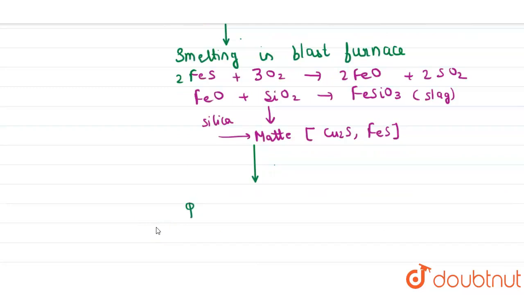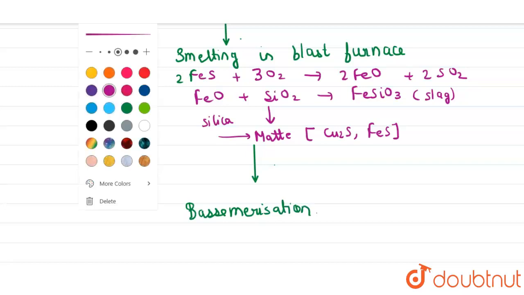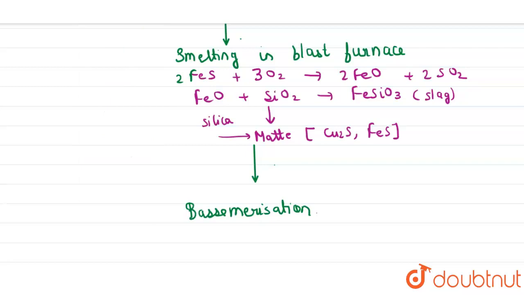Now the Bessemerization process will take place. In this process, FeS present in copper matte gets oxidized to FeO, ferrous oxide, plus sulfur dioxide.